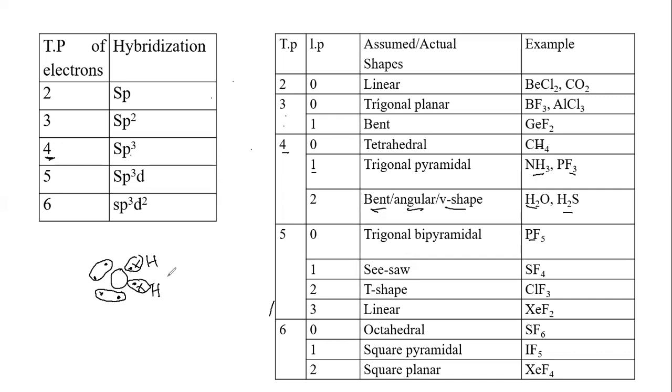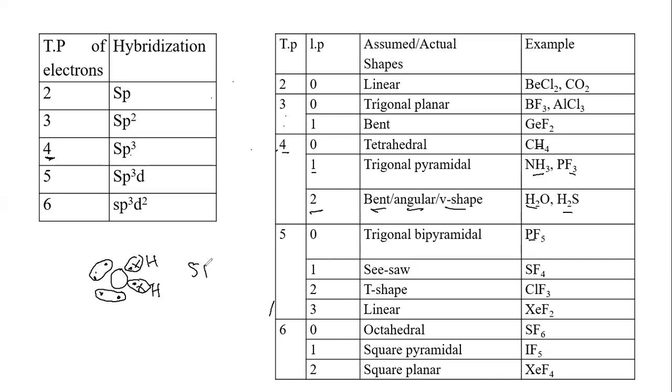So now when you count everything, 1, 2, 3, 4, it has 4 total pairs of electrons. It's going to be sp3 hybridized. Now the total pair of electrons is 4, but it has 2 lone pairs. So it's going to be a bent molecule. It will fall into this category.